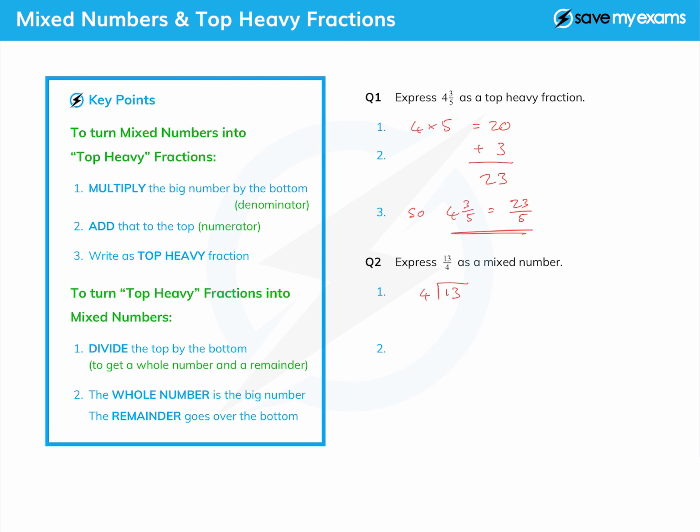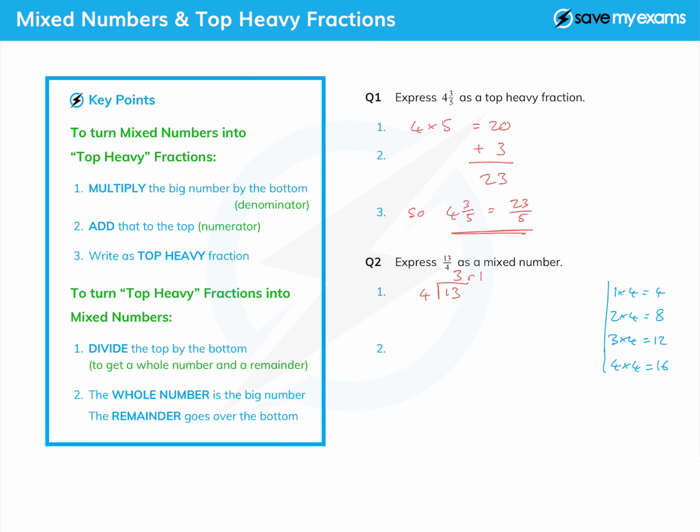If you're not sure how to do that, you can always do it by multiplying. We can say that 1 times 4 is 4, 2 times 4 is 8, 3 times 4 is 12, and 4 times 4 is 16, which means we've gone too far. So 4 goes into this 3 times, but 4 3s are only 12, so there is a remainder of 1.